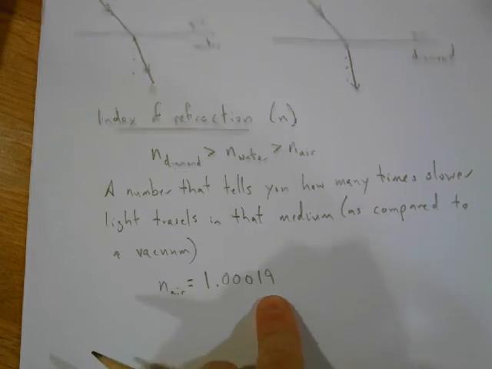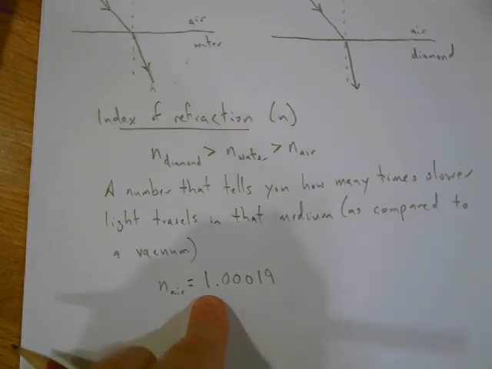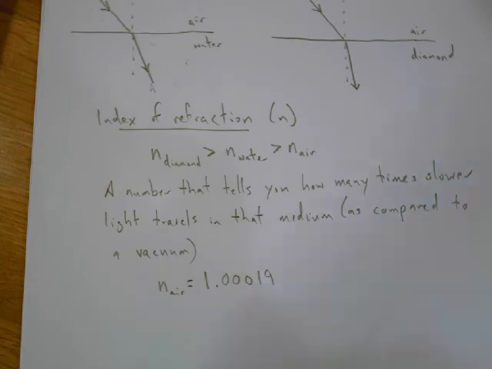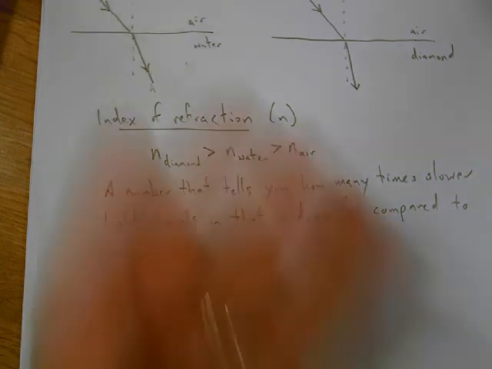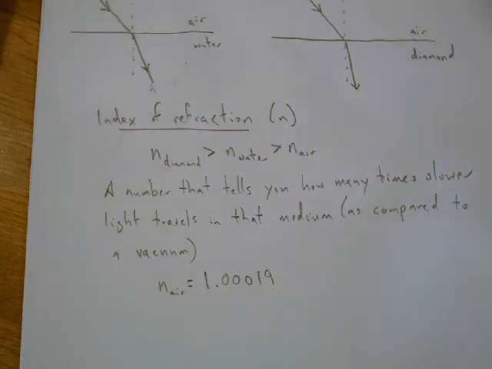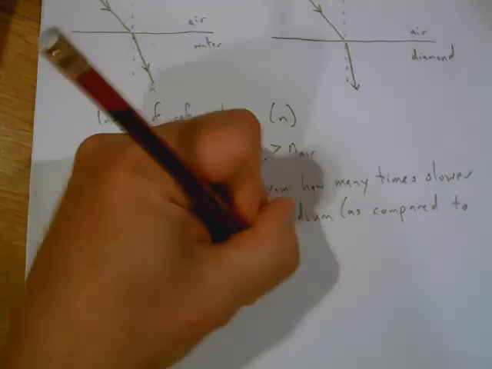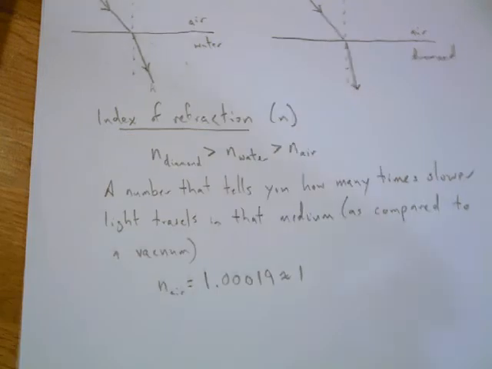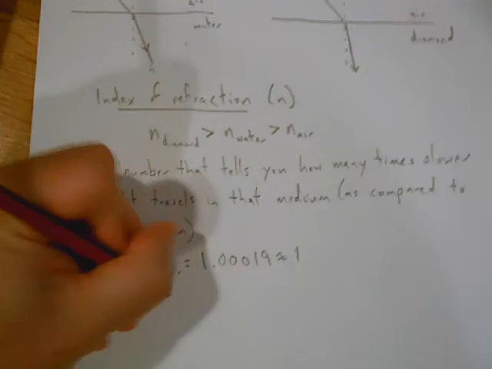For example, hot air has a slightly lower index of refraction. Why? Because it's a little bit less dense, which is why light actually bends when it goes from cold air to hot air or hot air to cold air. Okay, that's an example of how a mirage works, but more on that later. But for our purposes, essentially, we're going to say that that is going to be 1.